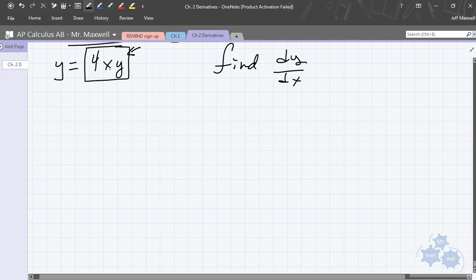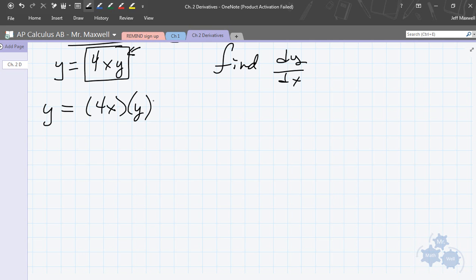Well, because we actually have two separate functions here. You have to treat this as y equals 4x, a function of x, times y. You see that? That is the alien variable, the non-preferred variable. So whenever you have something other than the preferred variable, you have to treat it as a product or maybe a quotient or whatever. You can't lump it all in.